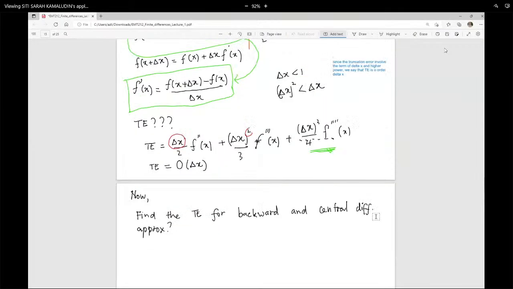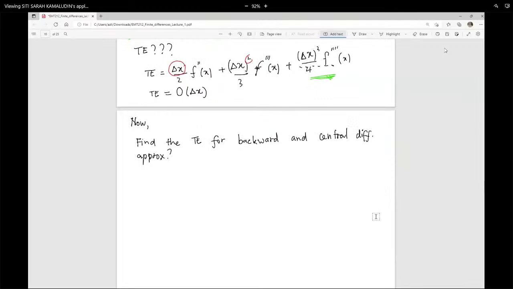Okay, now how about the backward? How about our backward formulation?